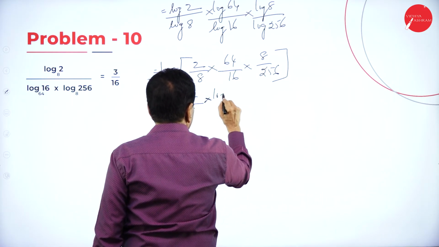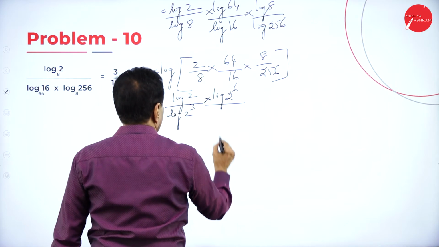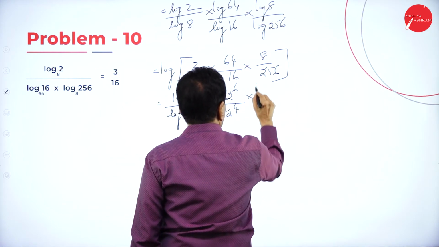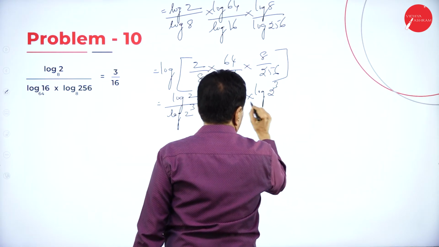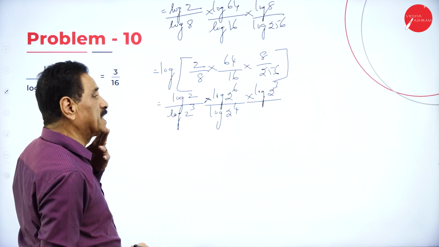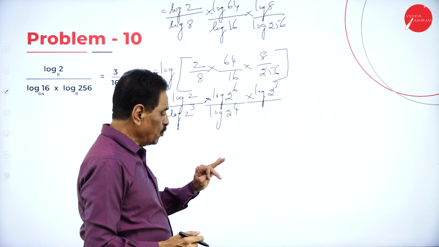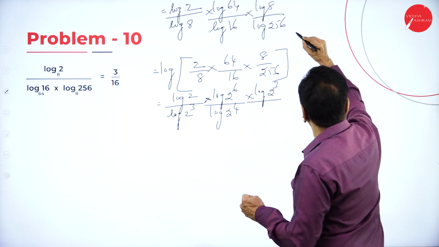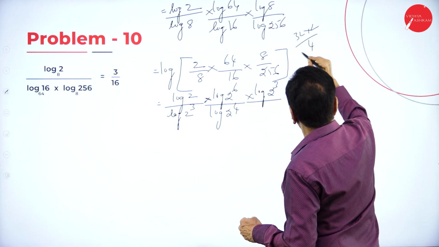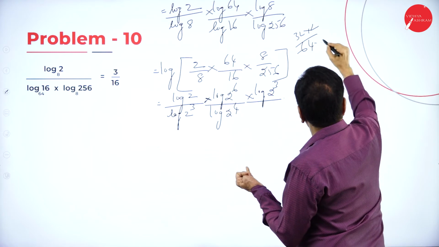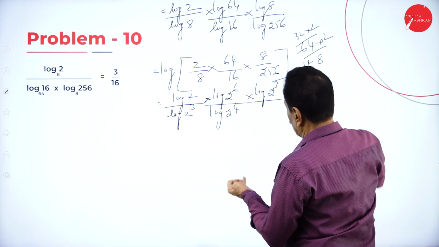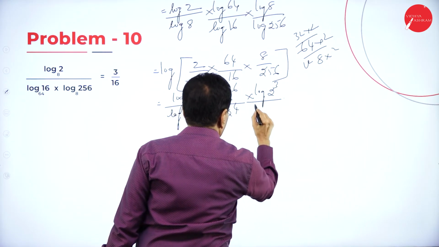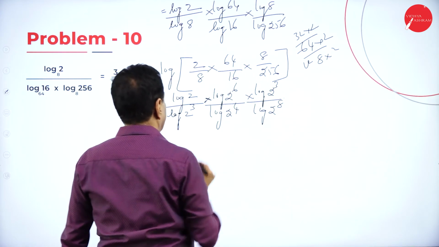So log 2 to the power of 6, log 2 to the power of 4. This is log 2 cube. For 256: 2 2s are 4, 4 2s are 8, 8 2s are 16, 16 2s are 32, 32 into 2, 64, 64 into 2, 128, 128 into 2. So this is log 2 to the power of 8.